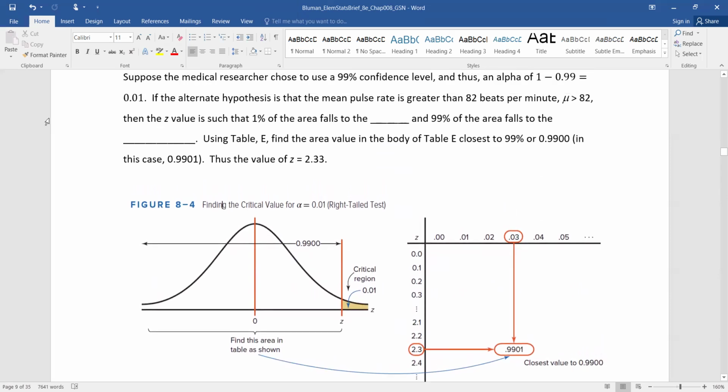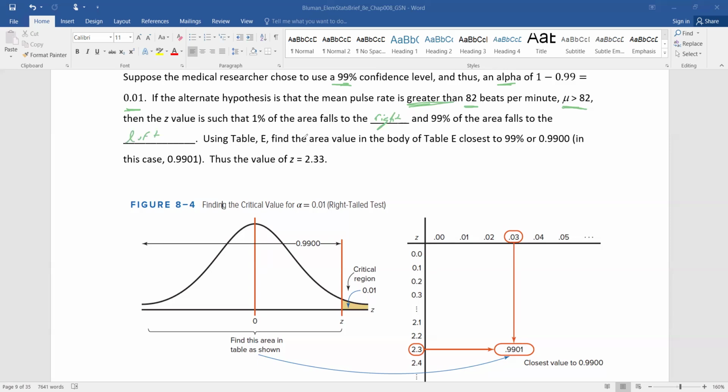So suppose the medical researcher chose to use a 99% confidence level, and thus the alpha would be 1 minus 0.99, so our alpha would be 0.01. The alternative hypothesis is that the mean pulse rate is greater than 82. Then the z value is such that 1% of the area falls to the right, since we're looking at a greater than, and 99% of the area falls to the left.